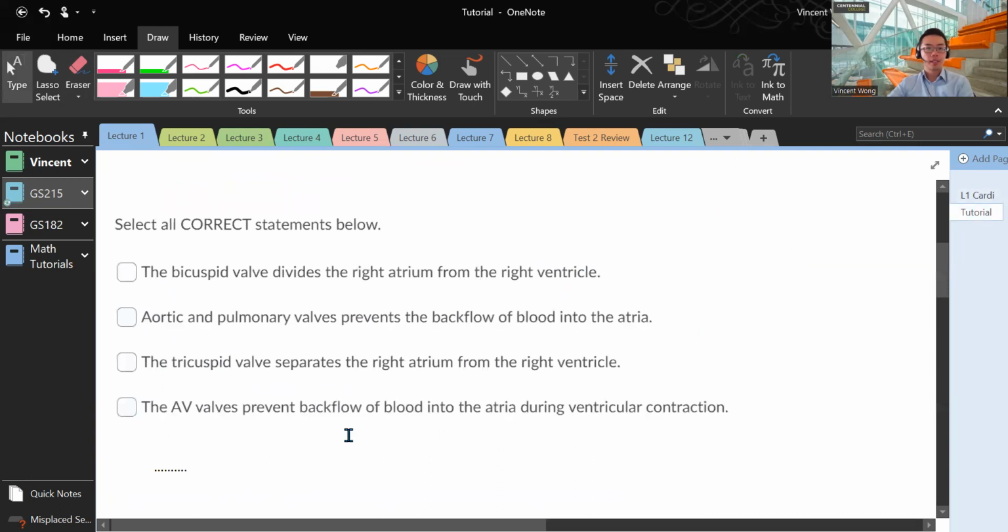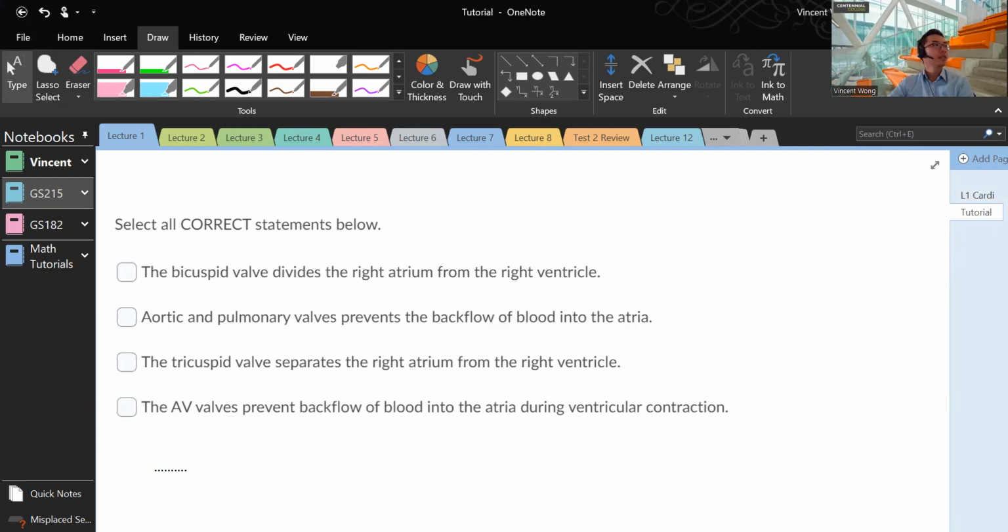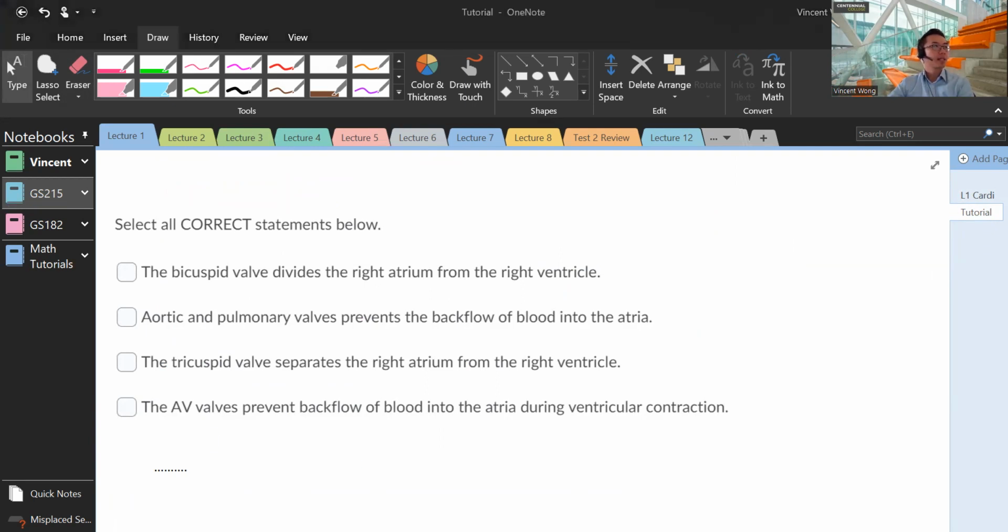All right. Let's do another poll here. This one is multi-select, I believe. Go ahead.